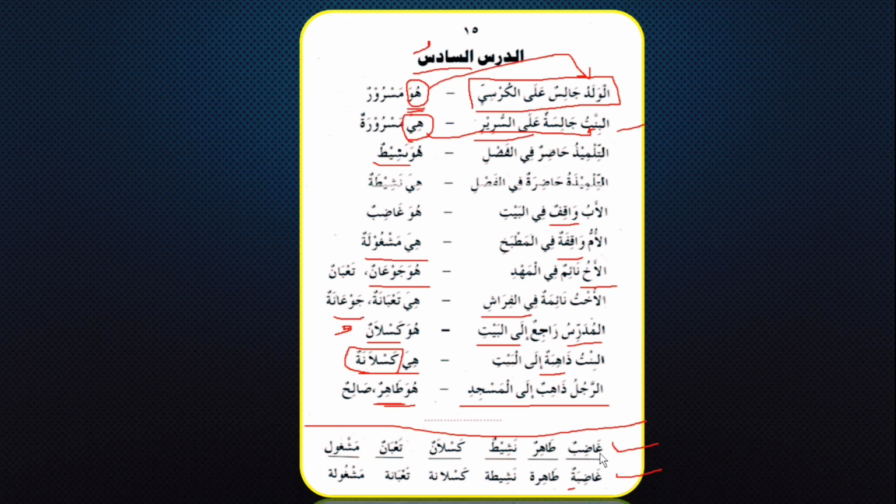So this is ghazibun, angry man, ghazibatun, angry woman. So this will be used for masculine, and this will be used for feminine. In the same way, we have tahirun and its muannas tahiratun, nashitun, nashitatun, kaslanu, kaslanatun, ta'banu, ta'banatun, mashgulun, mashgulatun.